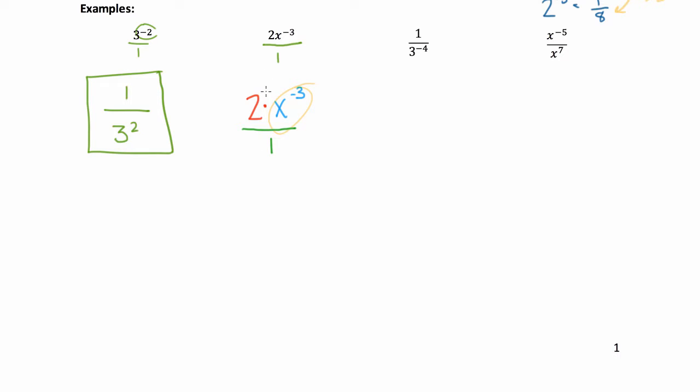In fact, the power on 2 is positive 1, because anything that isn't being raised to a power is raised to the power of positive 1. So the only thing that needs to go downstairs here to make that negative exponent positive is the variable. So that 2 stays upstairs, and that x comes down, and it comes down as x to the power of positive 3. And that is my final answer. Okay?